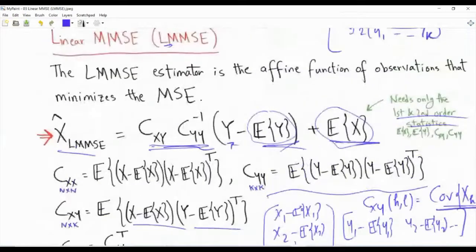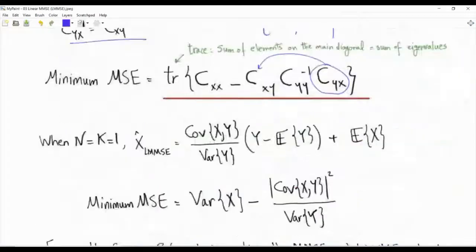Now this expression, which again you take for granted, the derivation is optional, and you can basically start using this formula.